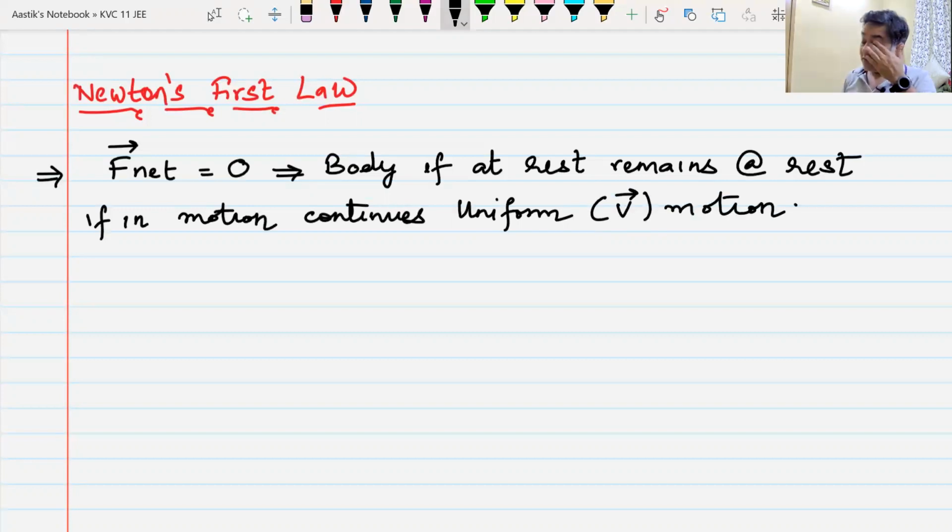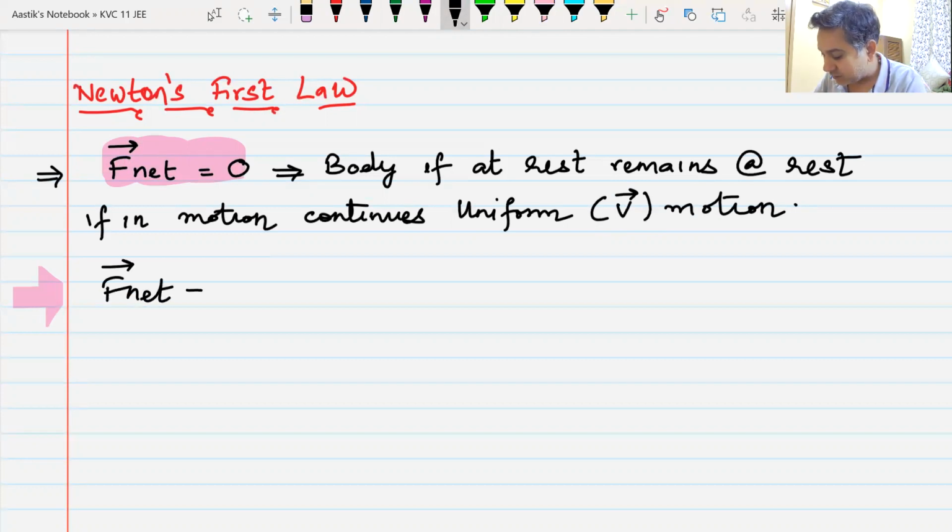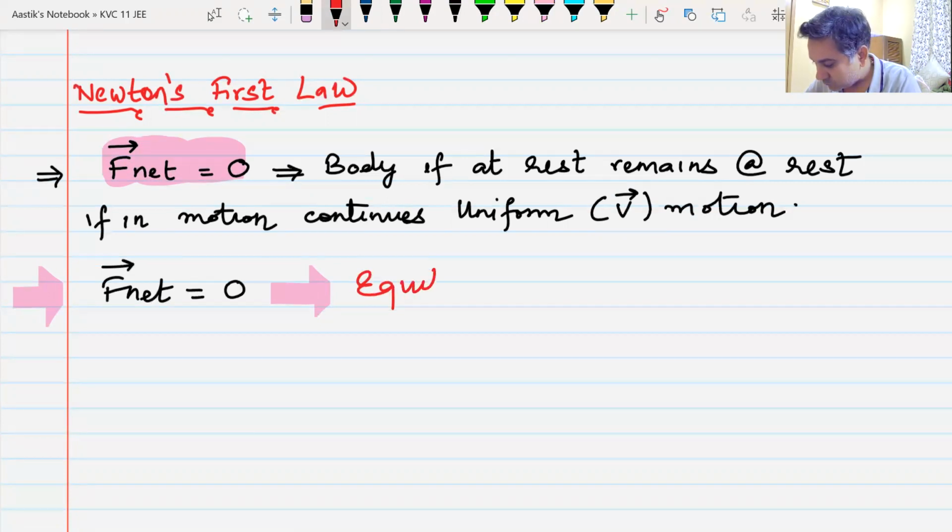Wherever the net force acting on a body is zero, we call such bodies bodies in equilibrium. We say such bodies are in equilibrium.